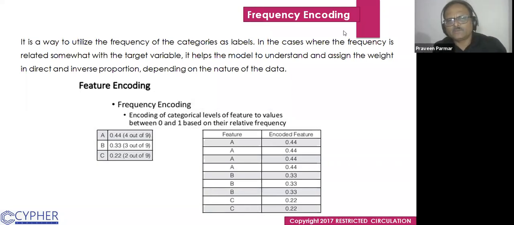It is the frequency encoding, how many times it is there. So 4 out of 9 is 0.44, then 0.33, and we calculate how many times each occurs.